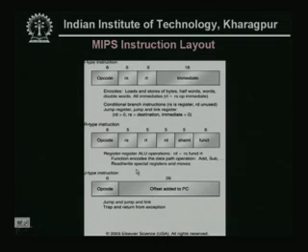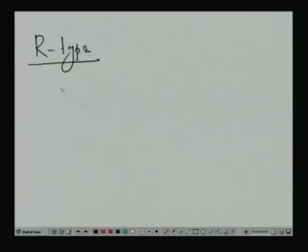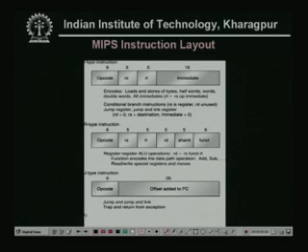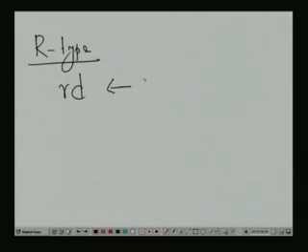So, here the operations are between 3 registers, this is R type. The operations are RD, RS, func, RT.